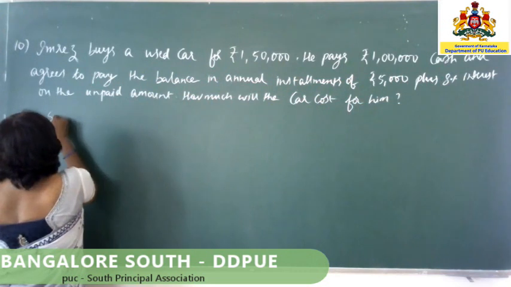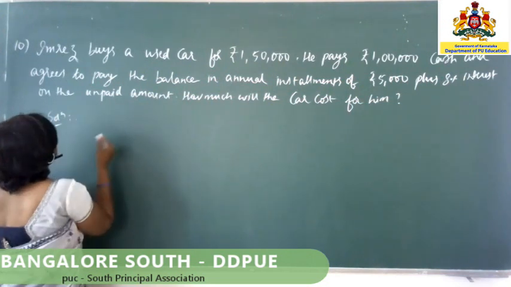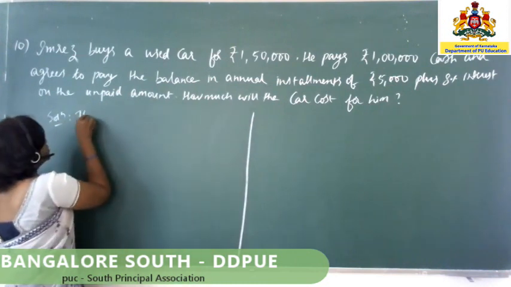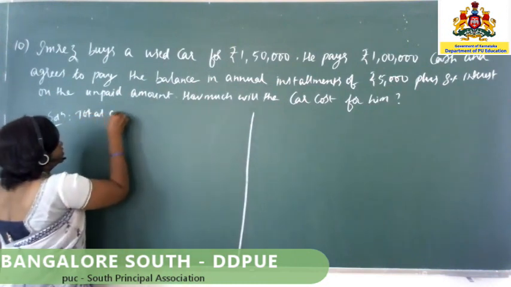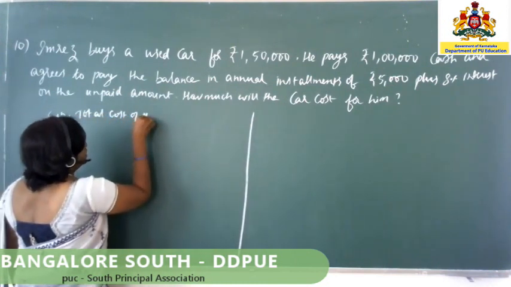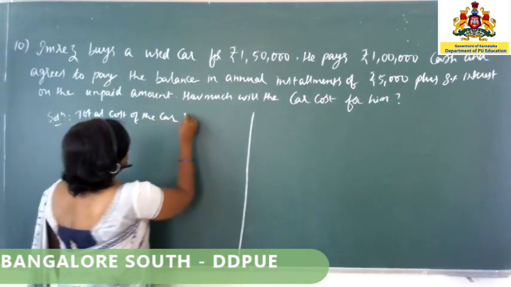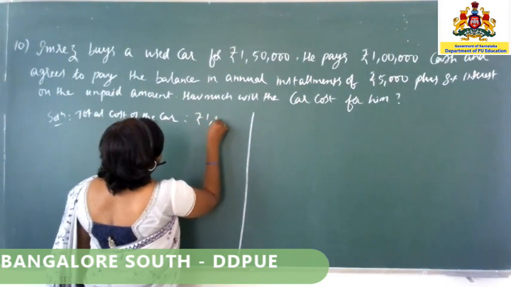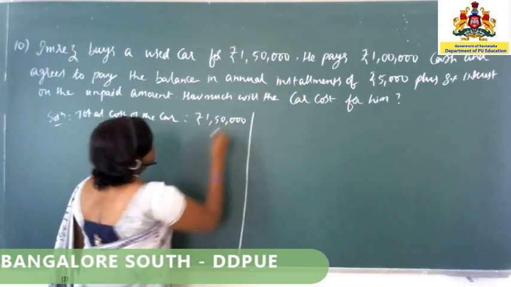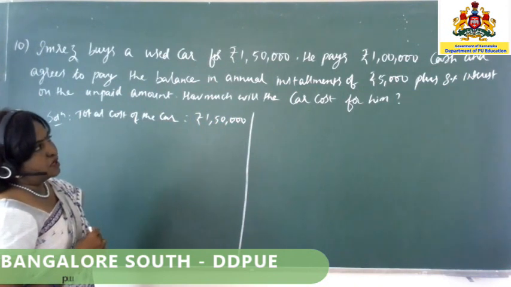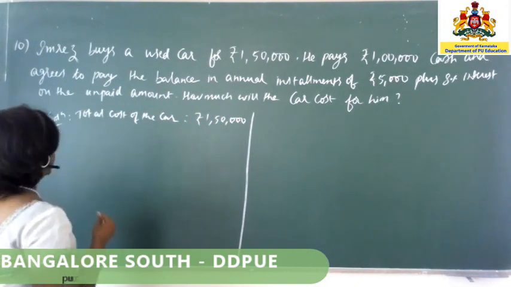So, solution. Total cost of the car is rupees 1,50,000. He pays the initial payment, that is rupees 1 lakh.